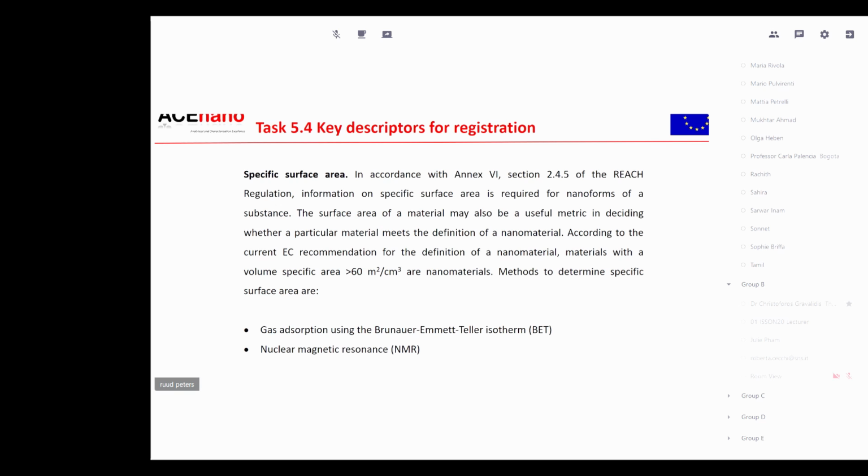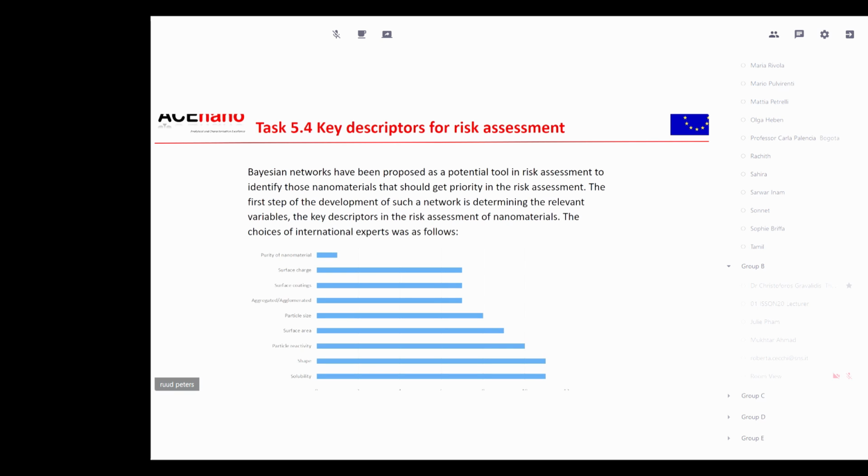So let's skip to the next important issue, which is risk assessment. Nanomaterials are widely used in many sectors of our society, and many new materials are produced every day, and that is quite a problem because we want to do some risk assessment, and you can't do that for all the materials.